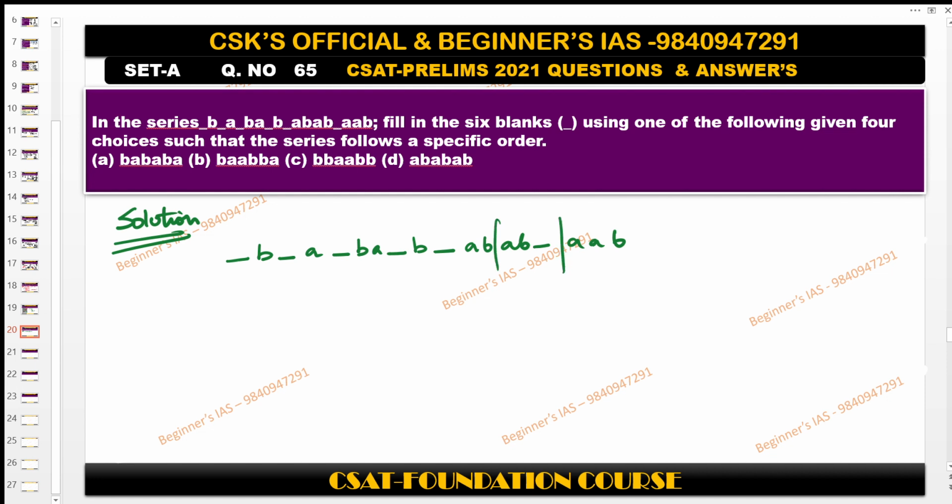Break it as 3, 3, or 6. After breaking this, go with the options. Or else do one thing: I will take A as 1, B as 2, for simple understanding.